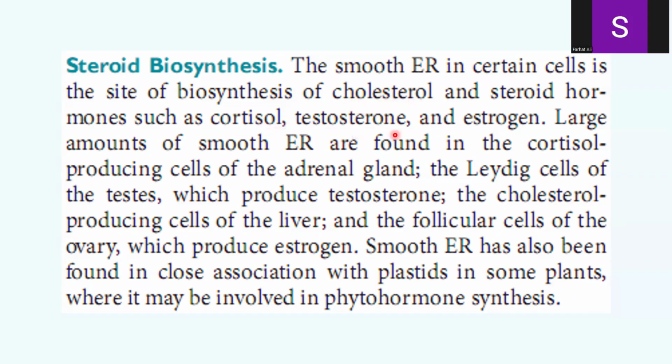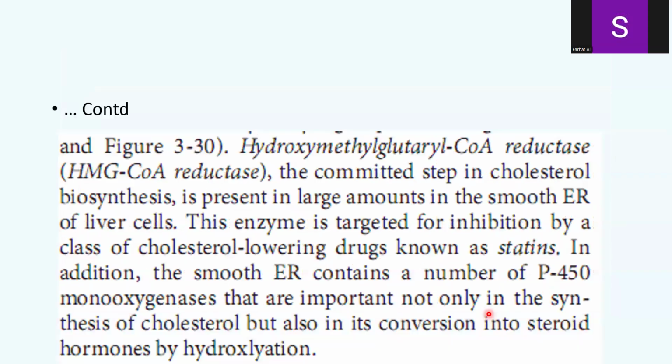So cortisol, testosterone, estrogen, and others. So these are all produced in the smooth endoplasmic reticulum. Then the smooth ER is also associated with plastids in plants, and then they're important for phytohormone synthesis.